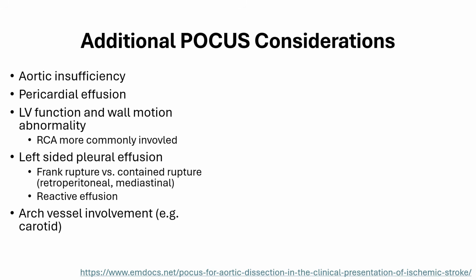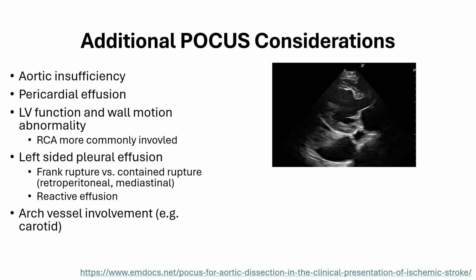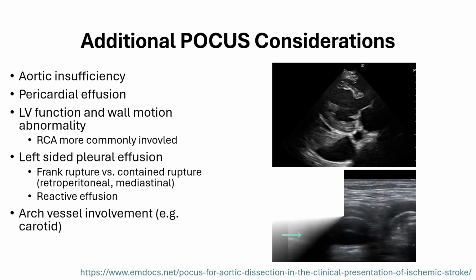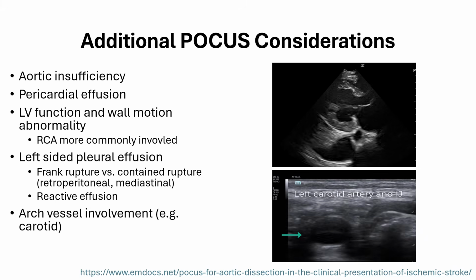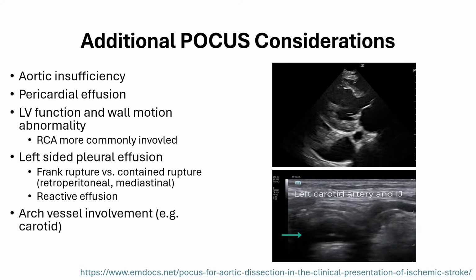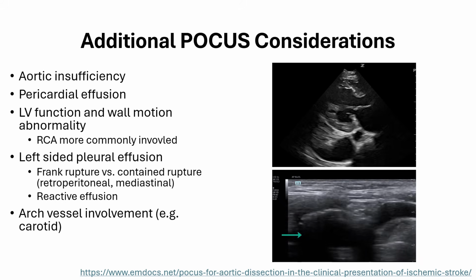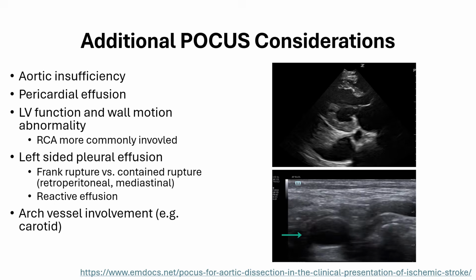In addition to that, you also need to look for and quantify aortic insufficiency, assess for presence of pericardial and left pleural effusion. You also want to assess LV function and wall motion abnormality, because in some cases, the dissection can affect the coronary blood supply because they take off from the sinus of Valsalva. RCA is typically more commonly involved than the left main.